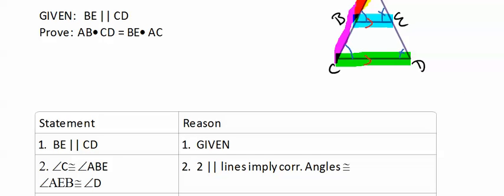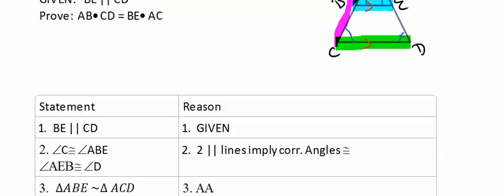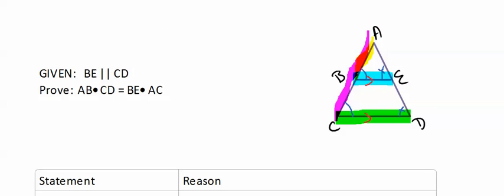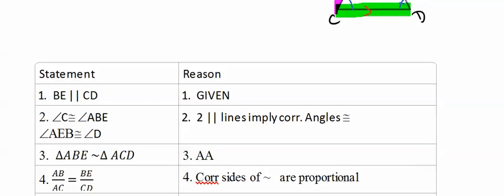So we can then go on to say that triangle ABE is similar to triangle ACD based on the angle-angle similarity theorem. From that, if we look at our triangle, we can establish the proportionality of the sides. So AB over AC equals BE over CD, and that's because the corresponding sides of similar triangles are proportional.